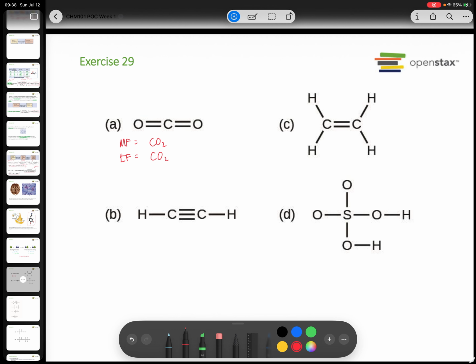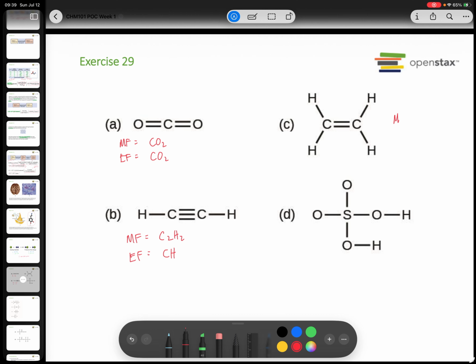For part B, the molecular formula is C2H2. The empirical formula is CH. Why CH? We just divide by the lowest whole number in their ratio.